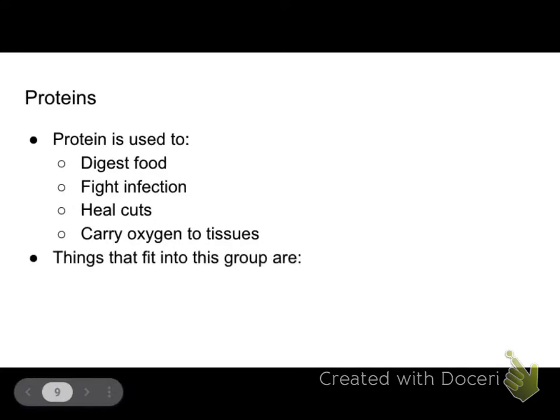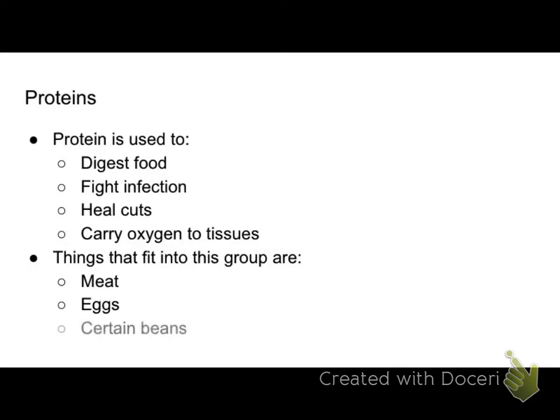Things that fit into the protein group are meat. Okay, so meat that you might get from an animal is going to be full of protein. Eggs are a good source of protein, so are some dairy products. And there are some kinds of beans and legumes that do have some protein in them.